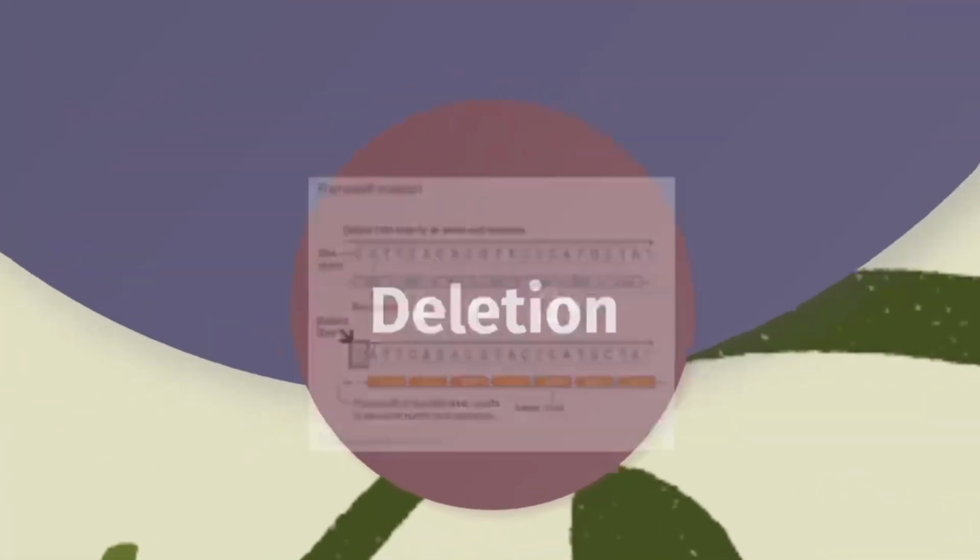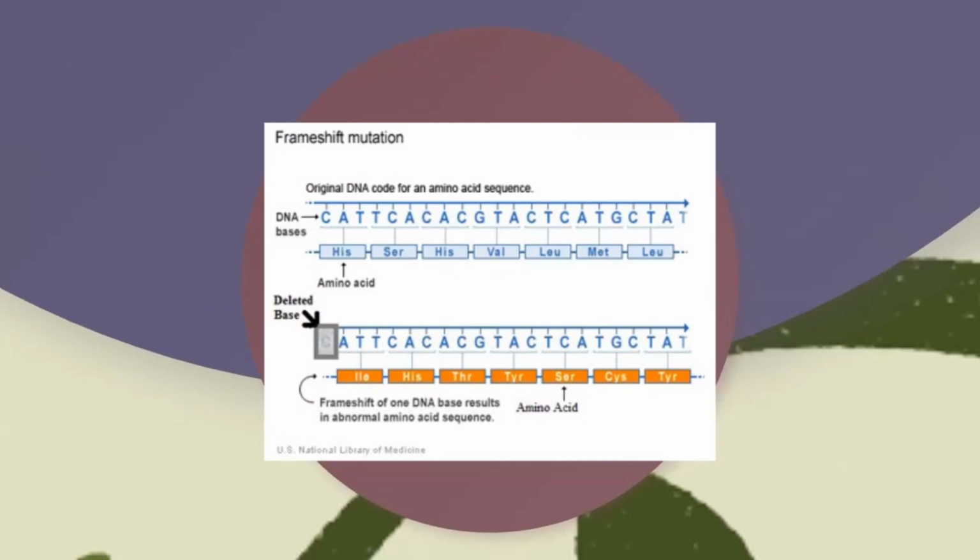So in our example before, if we had the TAT-CTT and then we had a deletion of that A, it would then be TTC as our first codon and then TT whatever for the second codon. So again, you can see that this deletion has changed the sequence of the codons and therefore the sequence of the amino acids.